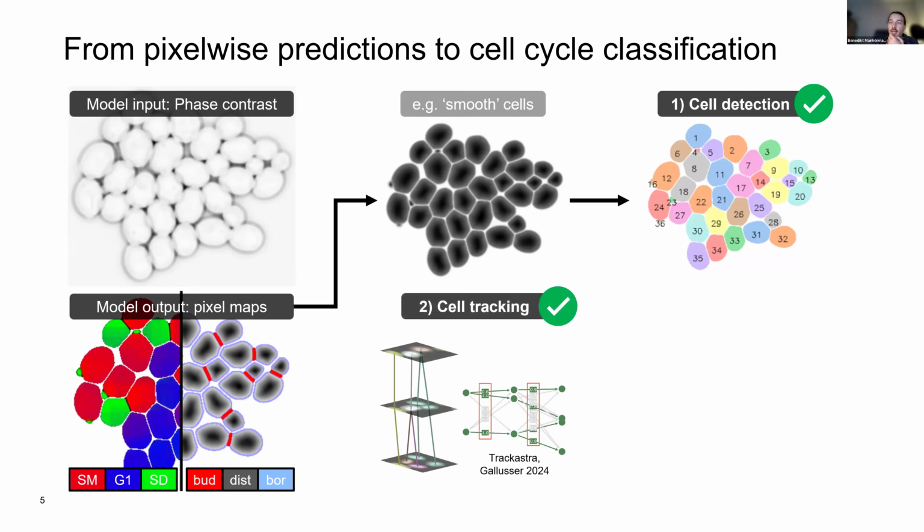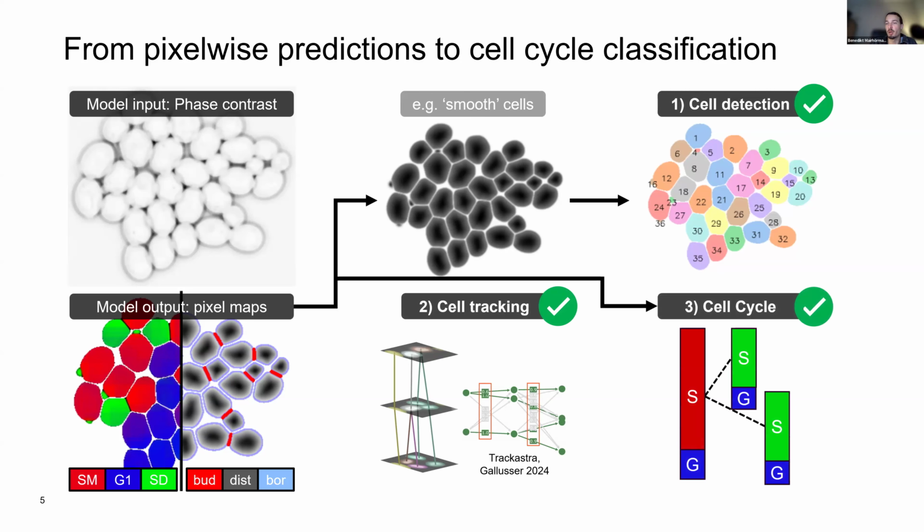Then for tracking, I integrated an existing method, which is Trackastra, which works very well, as I found. And then the most important part, the cell cycle annotation, where I extract daughter S/G2/M phases and try to map them onto the mother S/G2/M phases with some optimization routine.